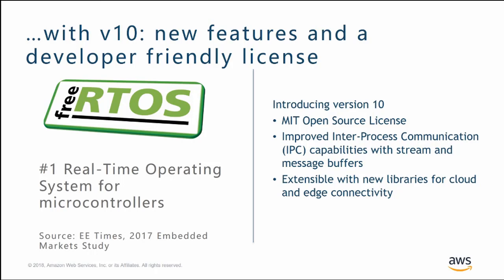And this has been a long time request of many of the FreeRTOS kernel customers, and I think will be a really important change for many enterprises who are looking to use the FreeRTOS kernel in their projects. We also introduced new features that improved inter-process communication, such as stream buffers and message buffers. This is all now freely available, open source, and extensible with libraries for cloud and edge connectivity.